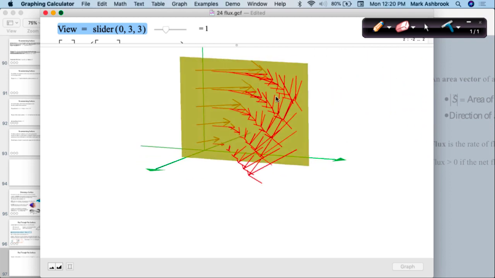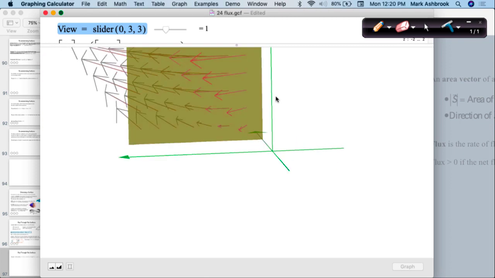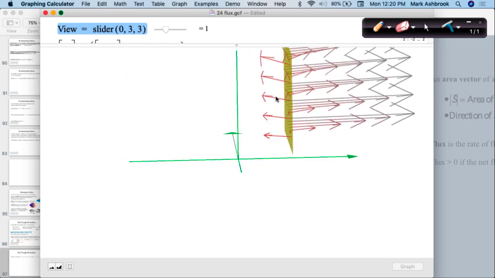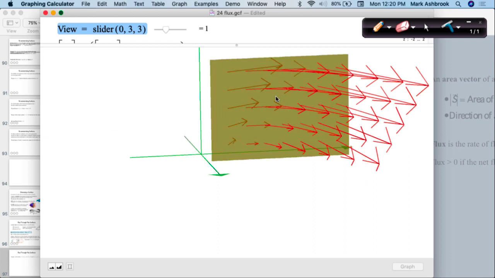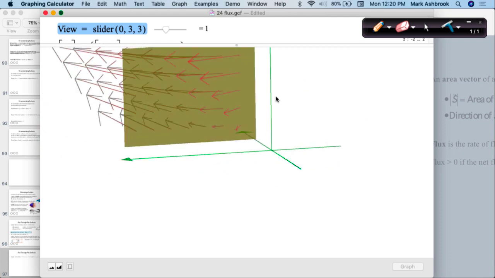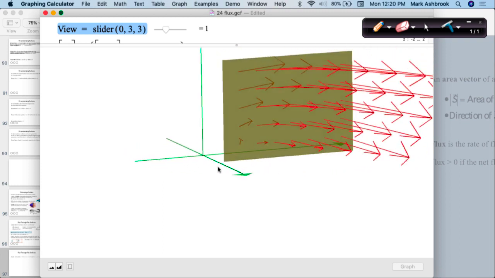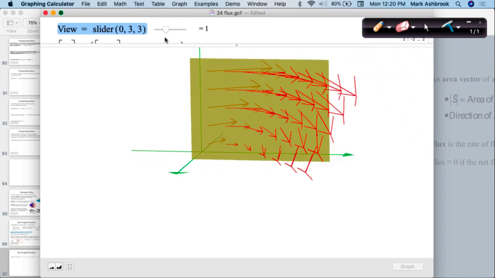Right, so the components of those vectors that are orthogonal to the surface are going to contribute to the flux. The rest of it that's parallel to the surface will not contribute to the flux, right? Flux is because flow right through, right? Flow right through.